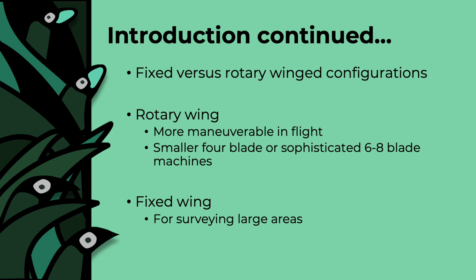Fixed-wing systems are generally used for surveying very large areas. Lower-cost UAVs are usually equipped with built-in cameras, while professional-grade machines can interchangeably mount cameras or thermal, multispectral, and laser sensors, which is called light detection and ranging, or LiDAR.